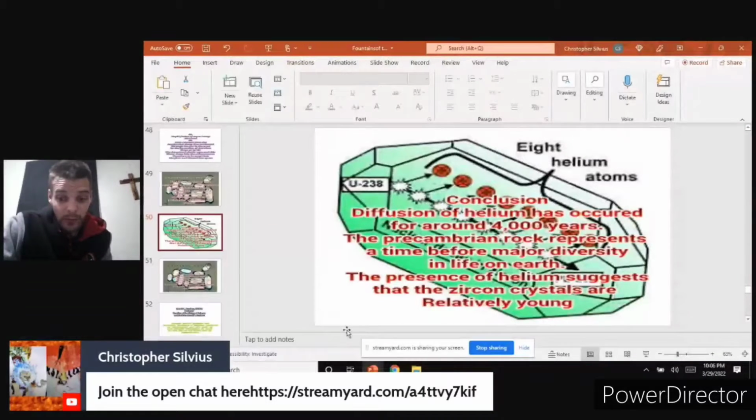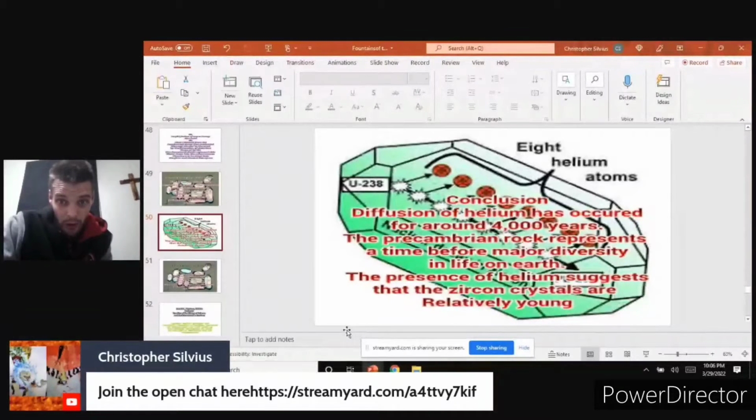And in fact, the radioactive elements themselves were created by the global flood. They are not natural to the earth. God didn't create the earth with these radioactive elements. They were introduced, they're generated by a global flood. So diffusion of helium has occurred for around 4,000 years according to measurements.